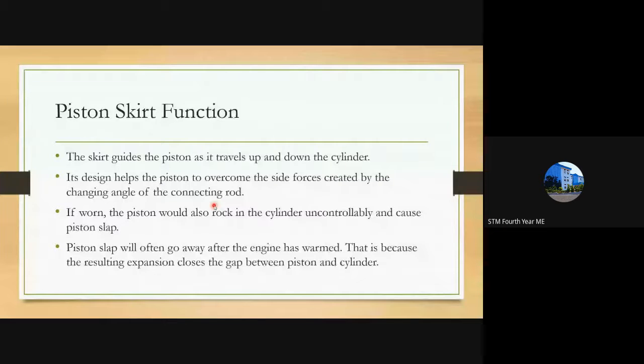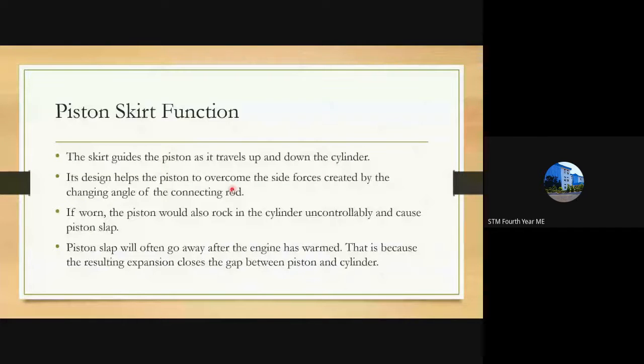At varying conditions the angle changes and it provides a rotational motion. And due to this changing angle, a force is generated in the connecting rod, especially during the compression and exhaust strokes.